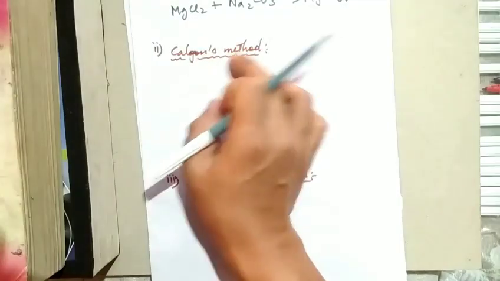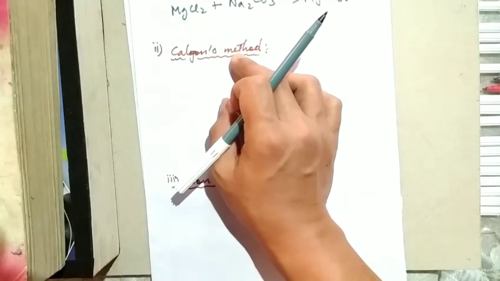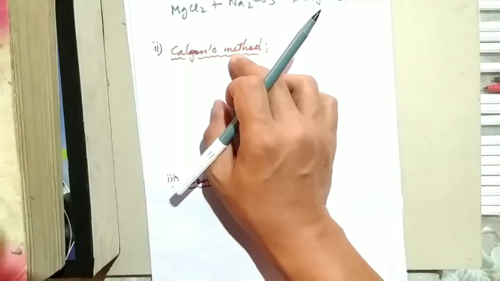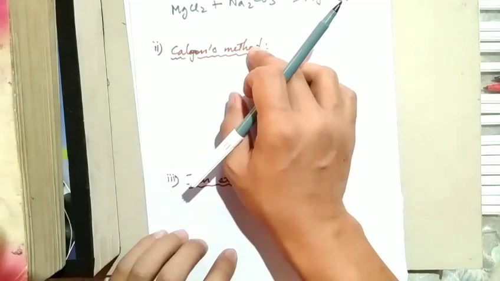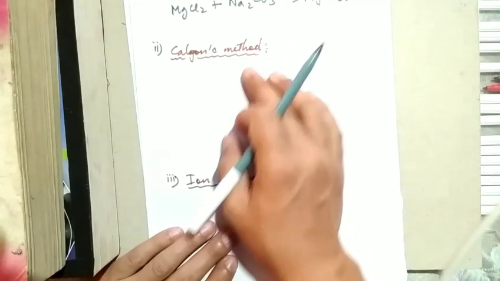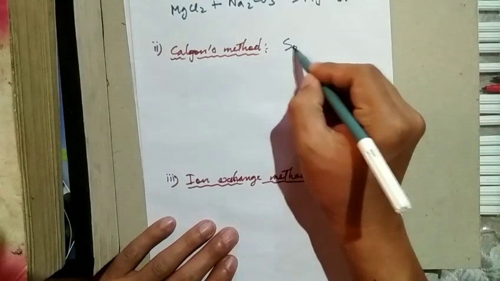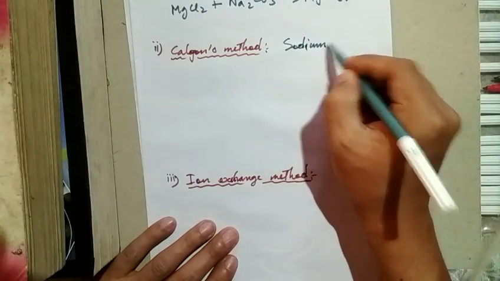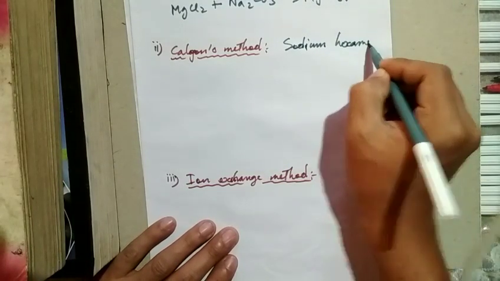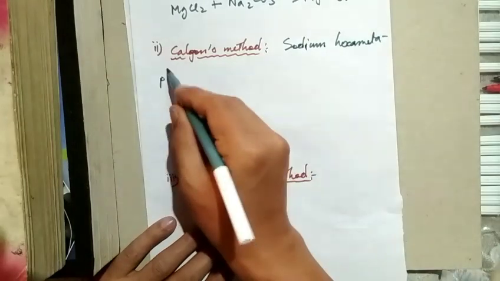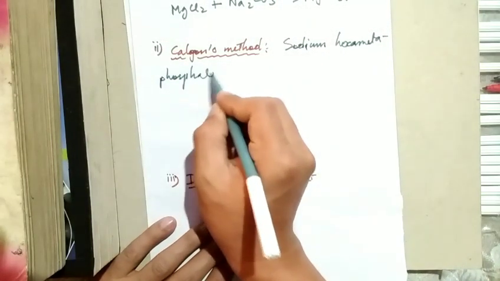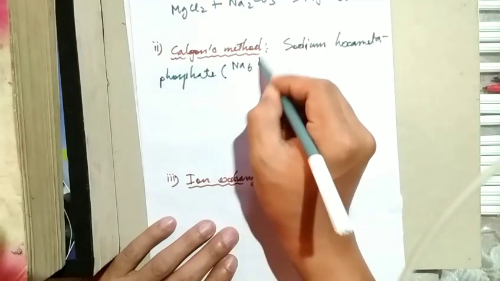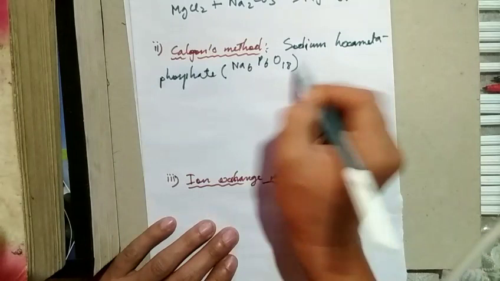Now Calgon's method. In this Calgon's method, let's write the full form: sodium hexametaphosphate. Chemical formula Na6P6O18.